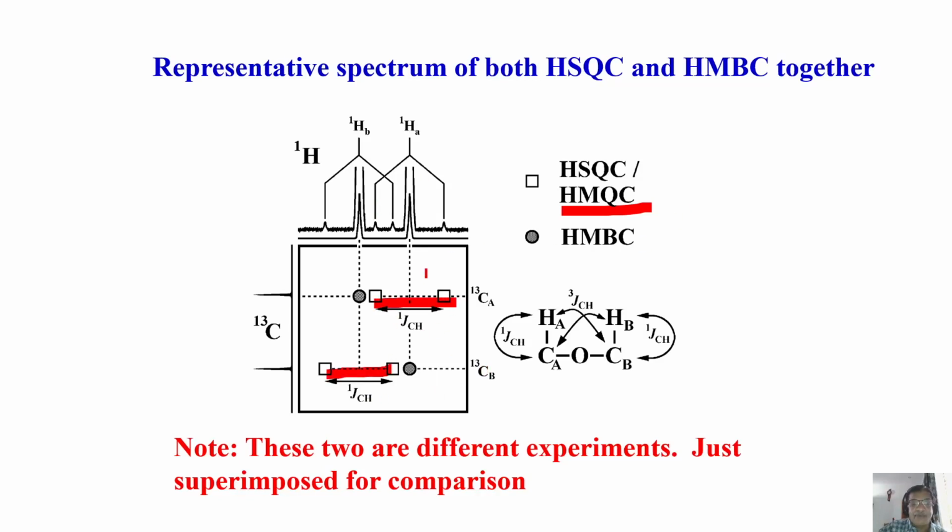But in the HMBC case, carbon A correlates to proton B, carbon B correlates to proton A. You may ask me, this is also a coupled HMBC, why are there no split multiplicity or satellite peaks? In principle, we should see that the coupling is visible, is measurable. If it is very small within the line width, you will not see it, most of the time. So it should in principle be possible to see because it is not a decoupled HMBC.